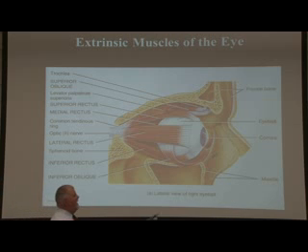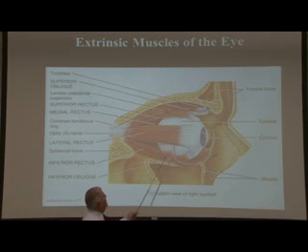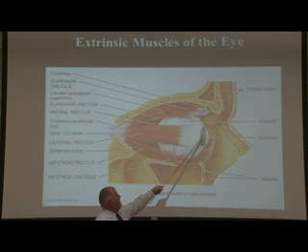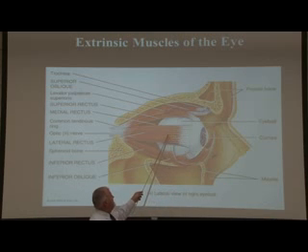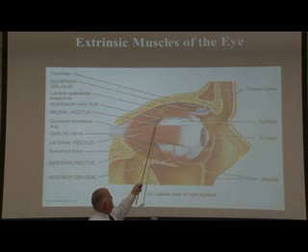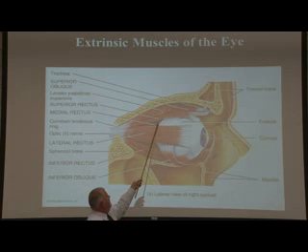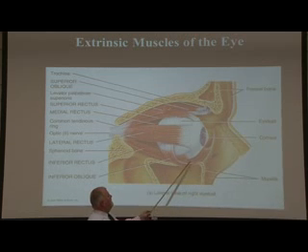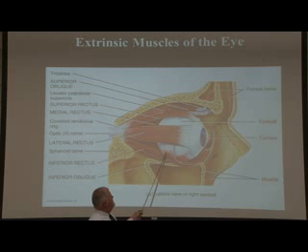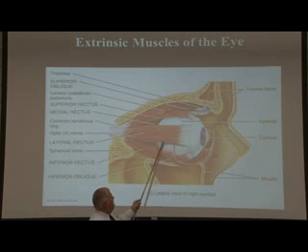So within and outside. So the extrinsic muscles, four of them run parallel to the light axis of the eye, so they're all rectus muscles. So superior rectus, lateral rectus, inferior rectus, and then deep back behind the eye here against the nose would be the medial rectus. Then we have two muscles whose insertions are on the back of the eye.